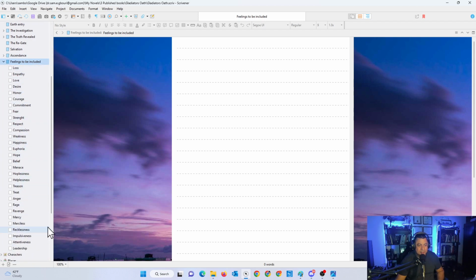So, as you see: loss, empathy, love, desire, honor, courage, commitment. These are Navy and Marine Corps values, by the way. Fear, strength, respect, compassion, weakness, happiness, euphoria, hope, belief, menace, hopelessness, helplessness, treason, threat, anger, rage, revenge, mercy, merciless, recklessness, impulsiveness, attentiveness, and leadership.